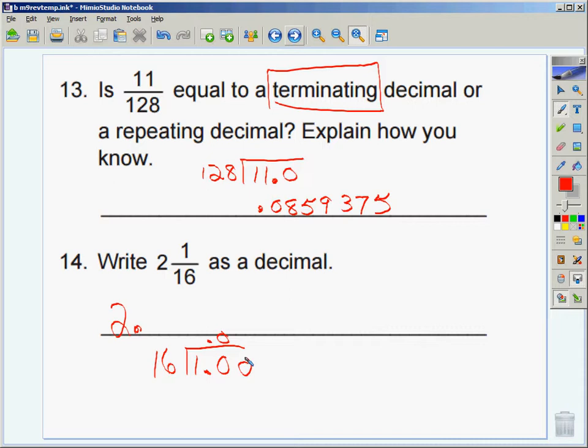And we're going to find that this comes out to 0.0625. Just as a reminder, tomorrow there's no calculator, but I will limit the amount of times you have to do division. You probably won't see more than 2 or 3 places as far as a decimal is concerned.